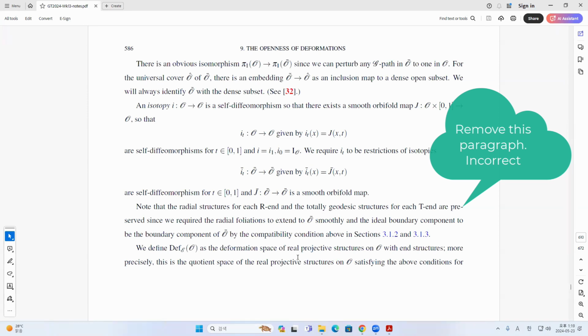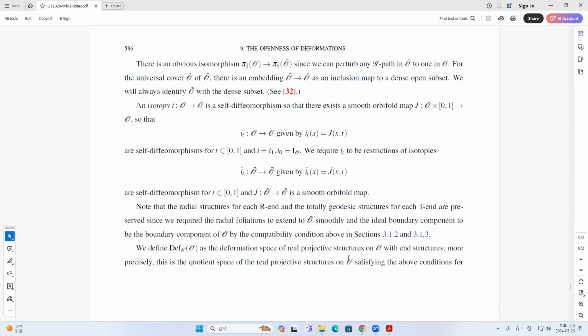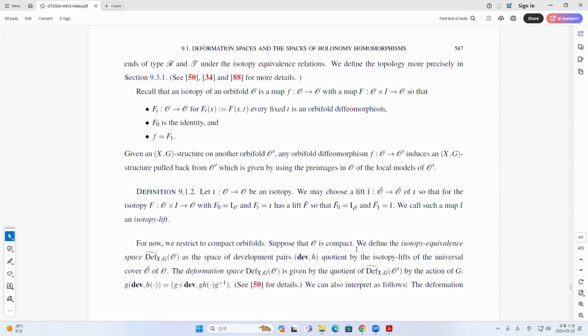So we define the deformation space of projective structures with end structure to be the quotient space of projective structures satisfying the above conditions for which type R and T under the isotopy equivalence relation.